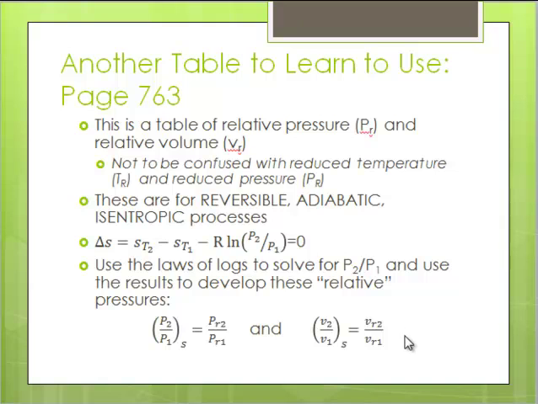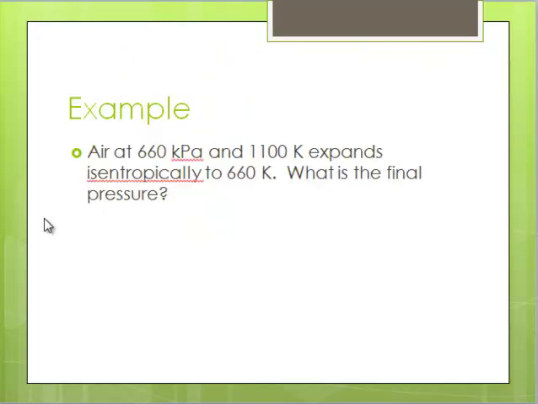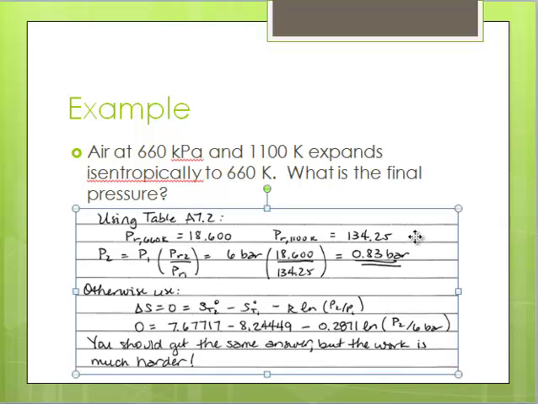Okay? So, let's take a look at this. Air at 660 kilopascals at 1100 Kelvin expands isentropically to 660 Kelvin. What's the final pressure? If I use these tables, at 660 Kelvin and at 1100 Kelvin, I can look up values of PR. I'm not doing any calculations.